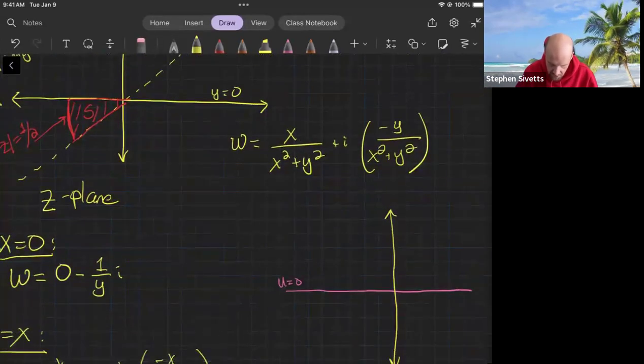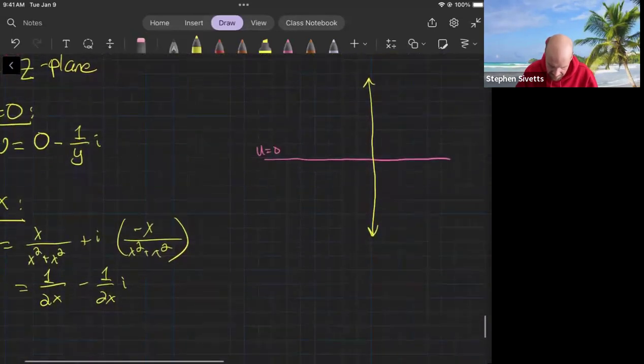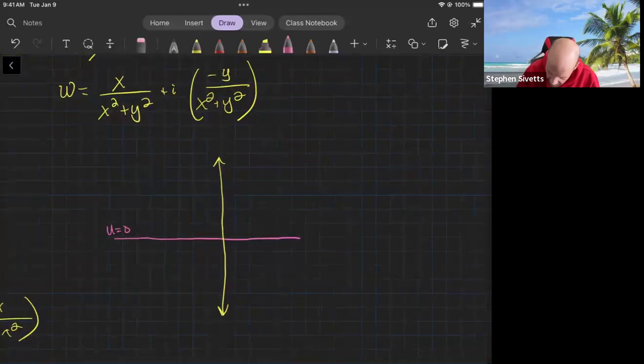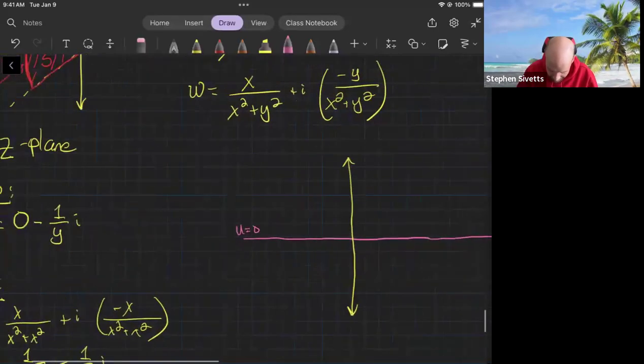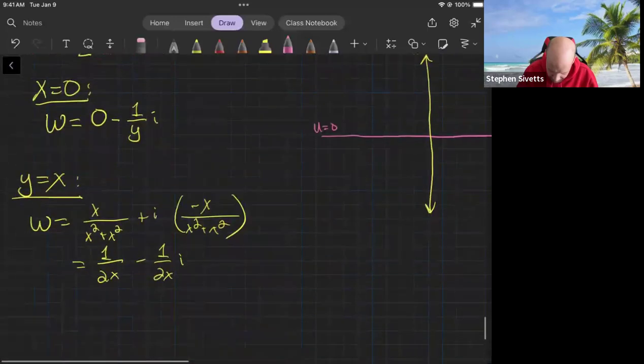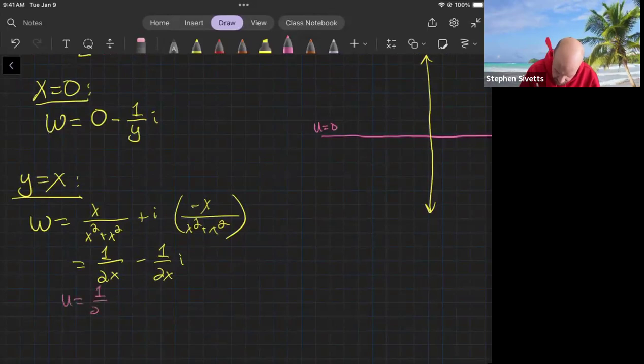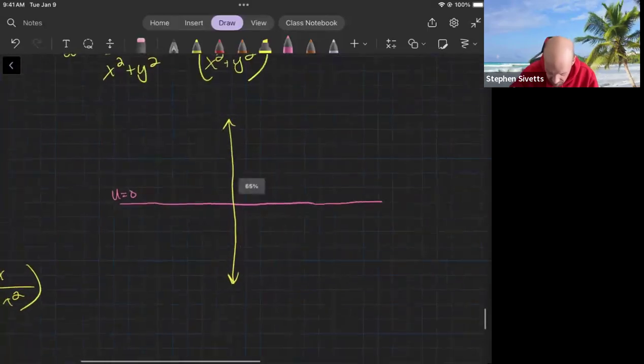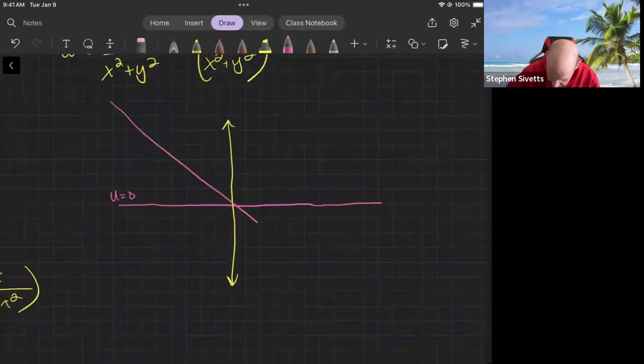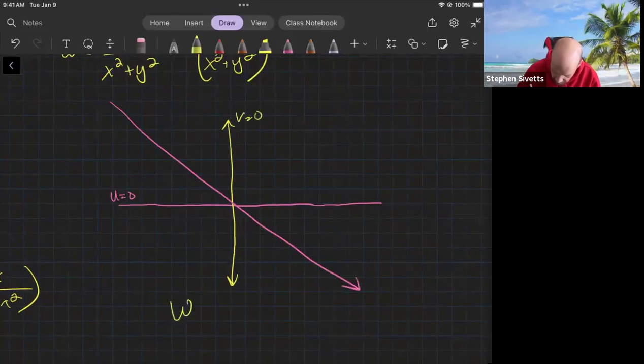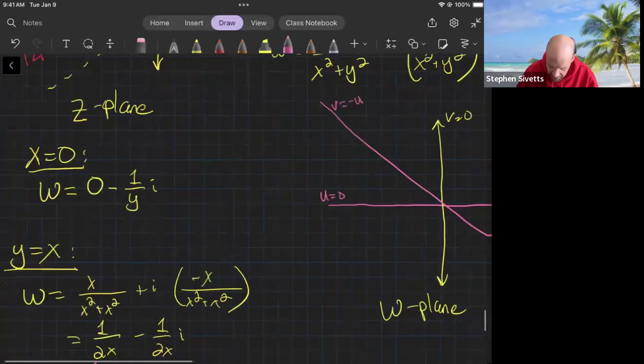Okay, so we know that x can't be 0. So u is equal to 1 over 2x, and v is equal to minus 1 over 2x. So we will have the line v equals minus u in the uv plane. So v equals minus u would be this line here.